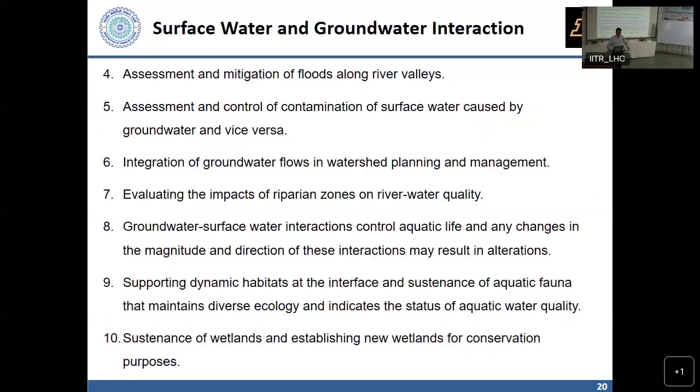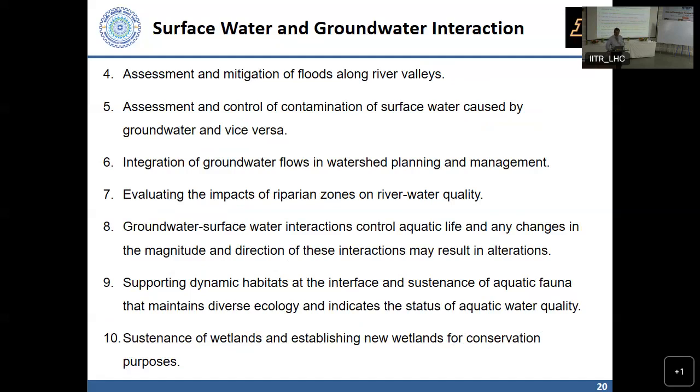We also do integration of groundwater flows and watershed management, planning and management, evaluating the impacts of riparian zones on river water quality. So basically, for zones that are close to the river or the river bed, what kind of activities take place in terms of exchanges of water and solutes, solute fluxes and water fluxes, has a very important role to play.